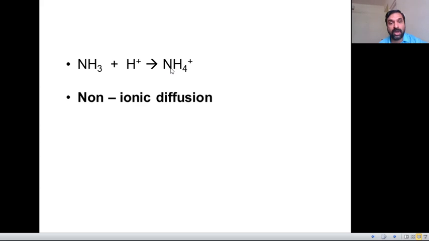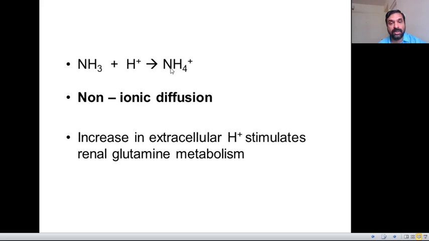It is called non-ionic diffusion. An increase in extracellular H plus stimulates the renal glutamine metabolism.